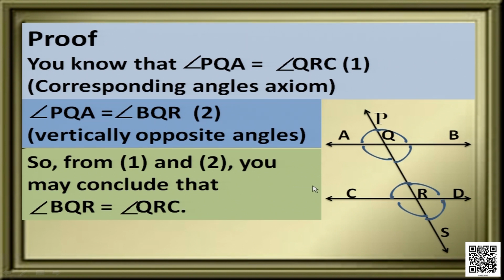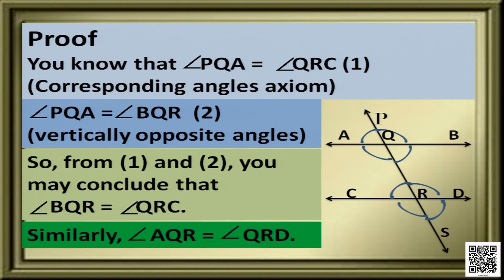And similarly, AQR and PQB are vertically opposite angles, and PQB and QRD are corresponding angles. From that we can conclude that angle AQR is equal to angle QRD. So this is the proof of this theorem.